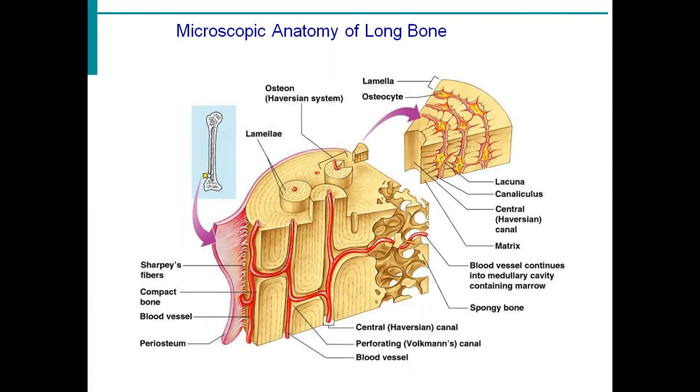If we go through the anatomy of the long bone structure, we can see a long bone structure is divided into two parts: compact bone and spongy bone. The outside structure of the long bone is compact in nature, whereas inside structure is porous.